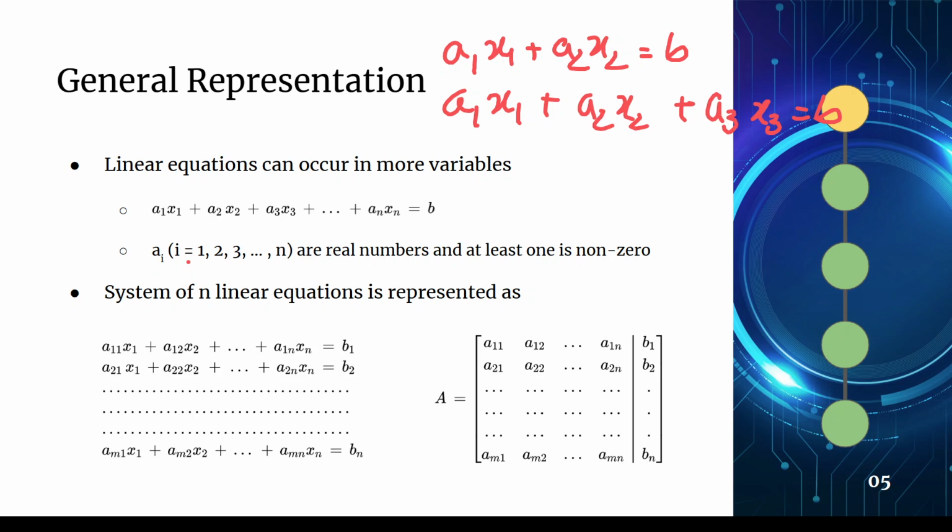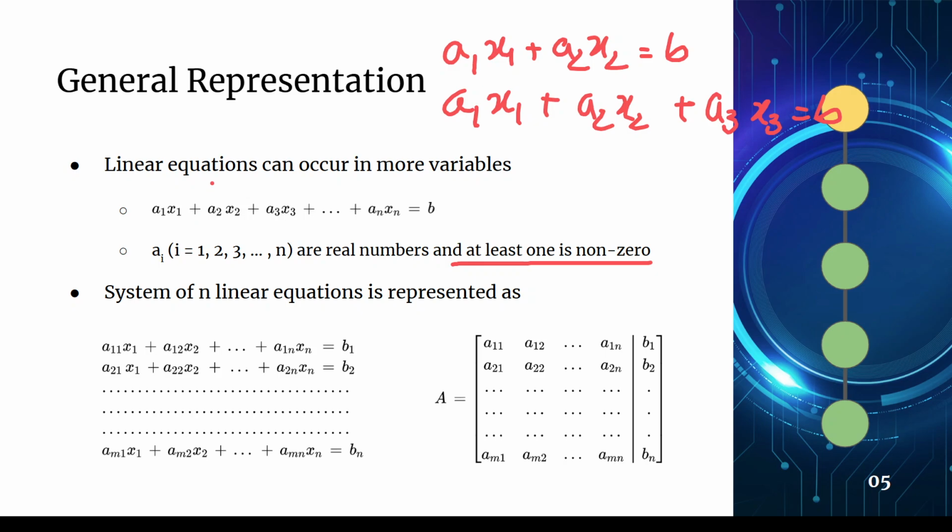Over here, ai, where i is 1, 2, 3 till n, are real numbers, and at least one is non-zero. This is very important to note: at least one of them has to be non-zero. Why? If all of them are zero, our left hand side will become 0.